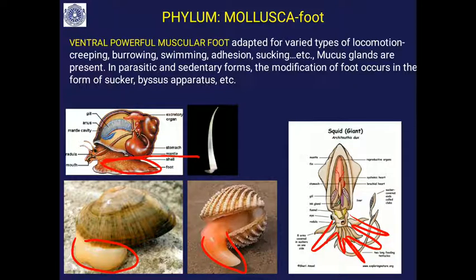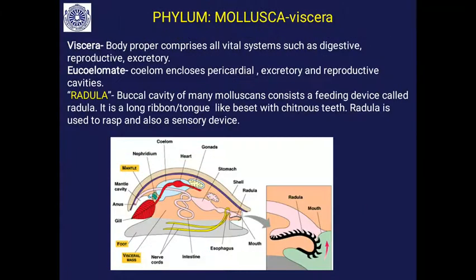In parasitic and sedentary forms, the foot is modified into suckers. In the sea mussel, the foot has an adhesive structure, called byssal threads or byssus apparatus. So the ventral foot is modified to perform different functions, similar to the appendages in arthropoda.